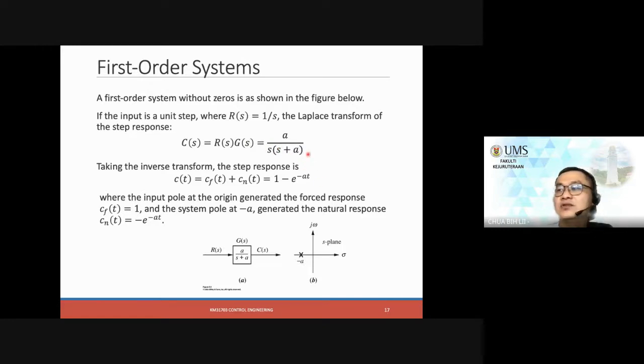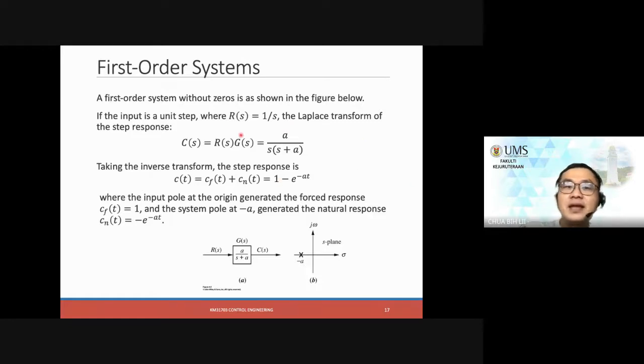We would consider only one of this, so that we would say this is a first order system. If it's second order, then you have a square and so on coming into the transfer functions, right? So the first order system without a zero is given as such.